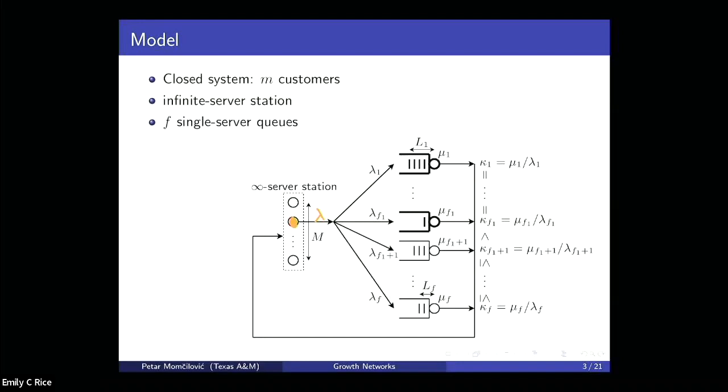I have these F single-server queues. I'll use L1, for example, to denote how many customers I have here. This would be how long my filament is, how many monomers it contains. The longer the filament, the more customers I have here. But this captures the idea of attachment and detachment. So a long Q means a long filament.